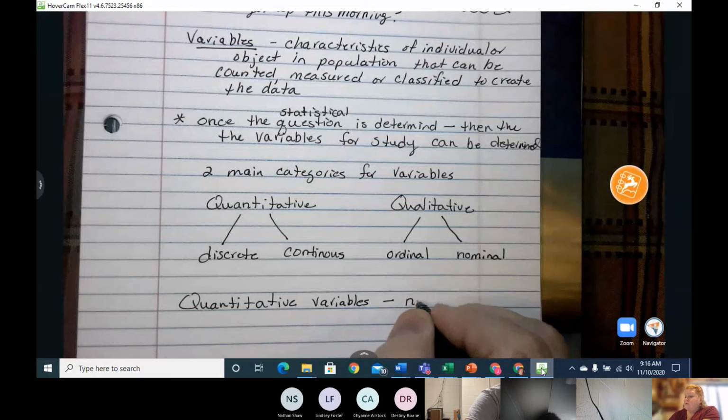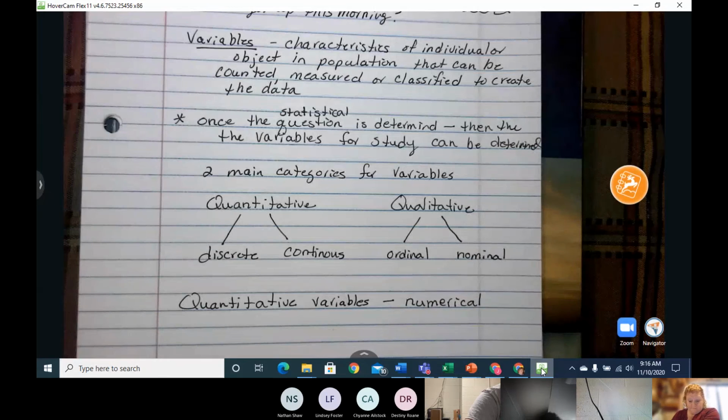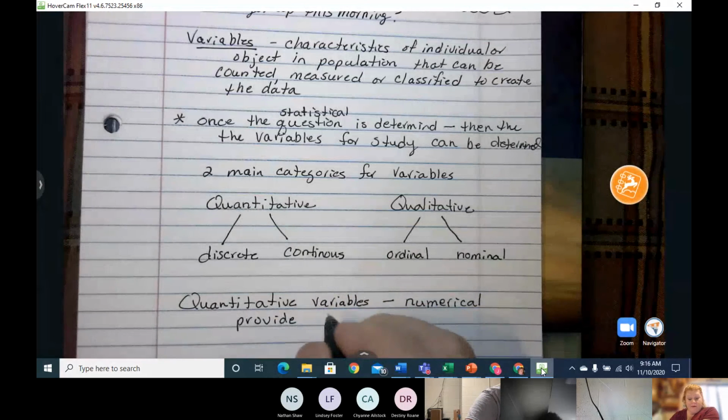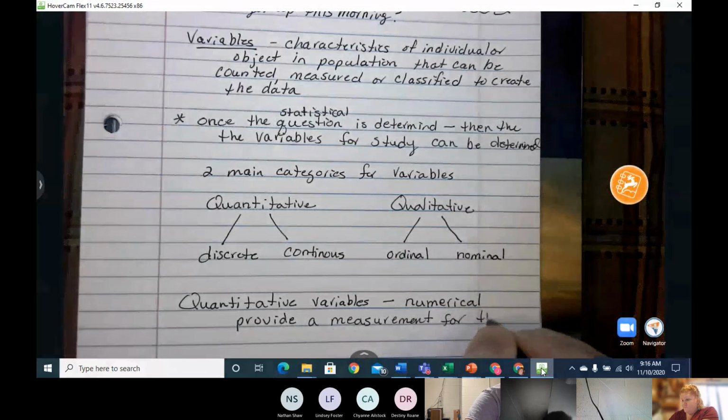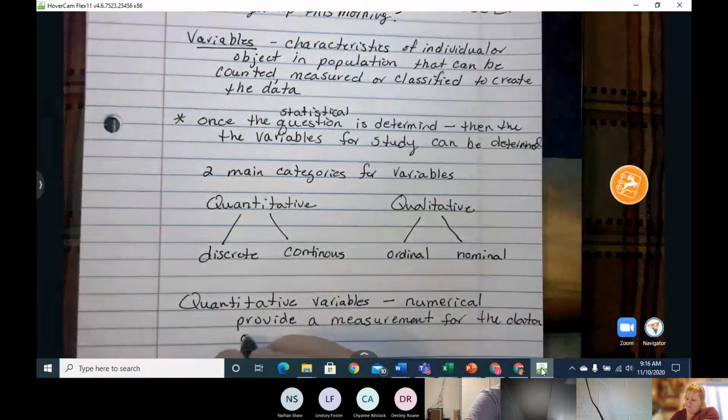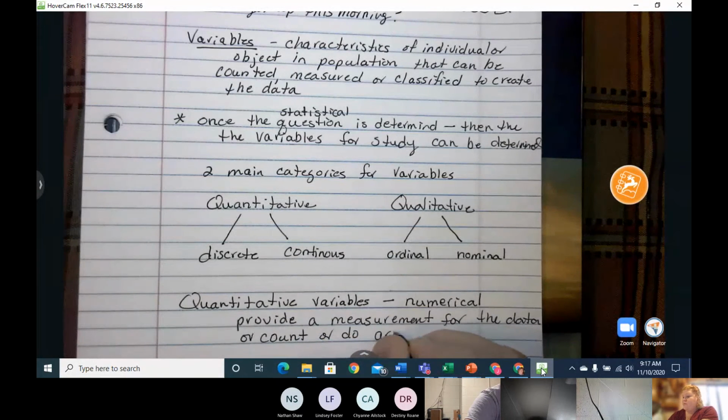Quantitative variables are considered numerical. You can provide a measurement. You can count it. Or do arithmetic with it. Add, subtract, multiply.